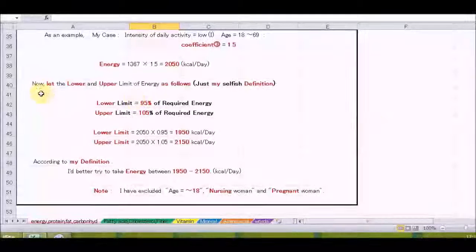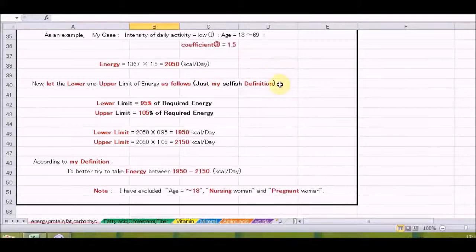Now, just my selfish definition. Let the lower and upper limit of energy be as follows.